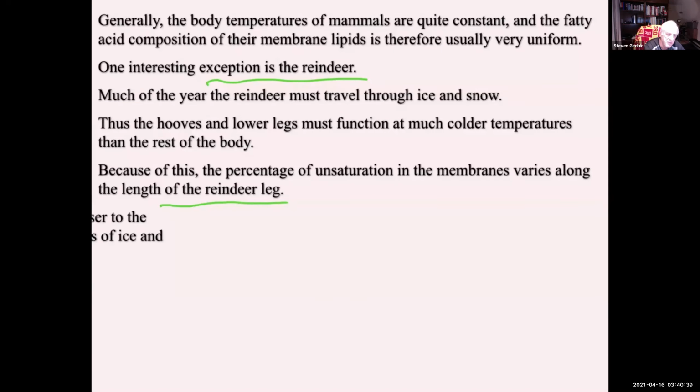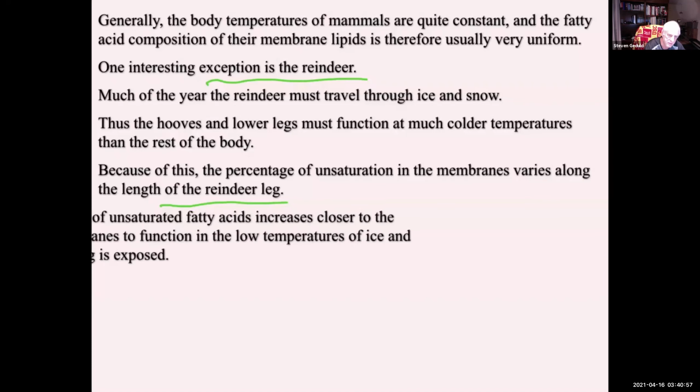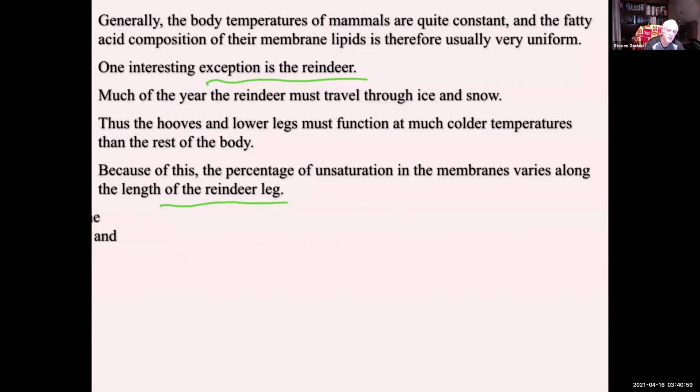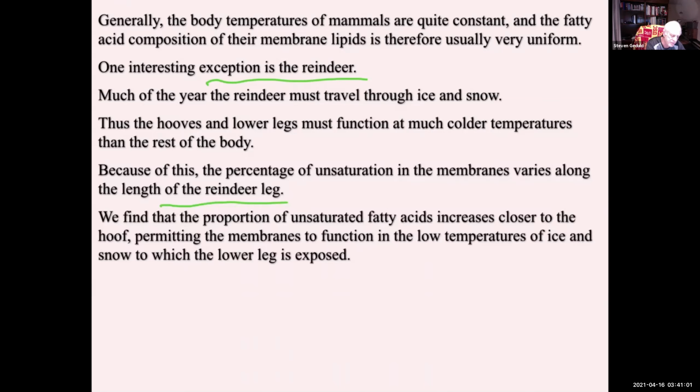So we find the proportion of unsaturated fatty acids increases closer to the hoof. So why is it not going across? Well, at least my connection, it goes. Okay. All right. So the proportion of unsaturated fatty acids increases closer to the hoof.